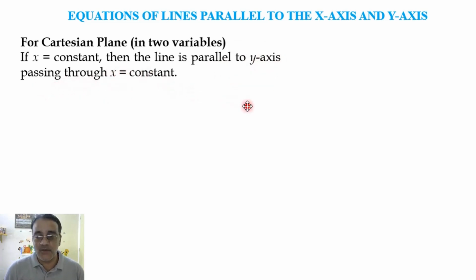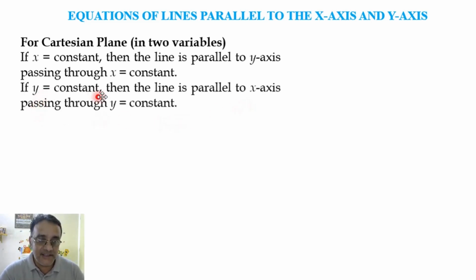For example, if x is equal to 2, then the line is parallel to the y-axis and it passes through x equals 2. And if y is constant, then the line is parallel to the x-axis, passing through y equals that constant. So suppose y is equal to minus 2, then the line will be parallel to the x-axis and it will pass through y equals minus 2.